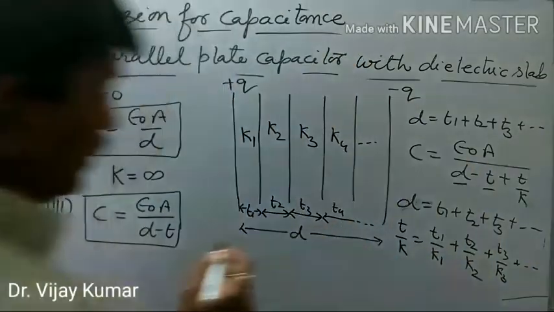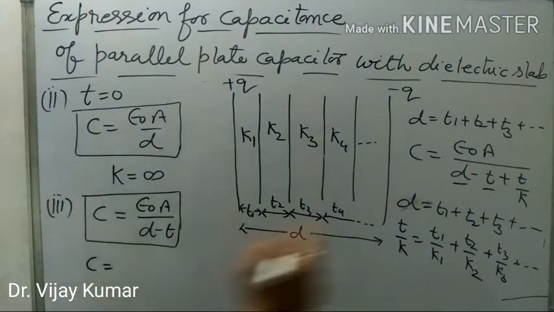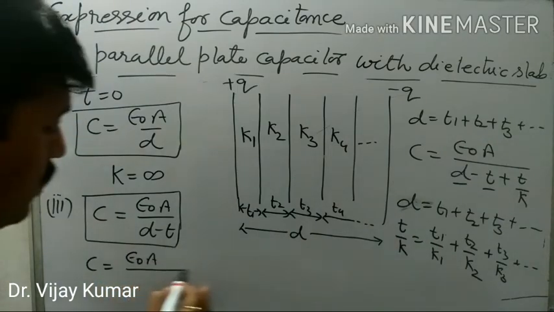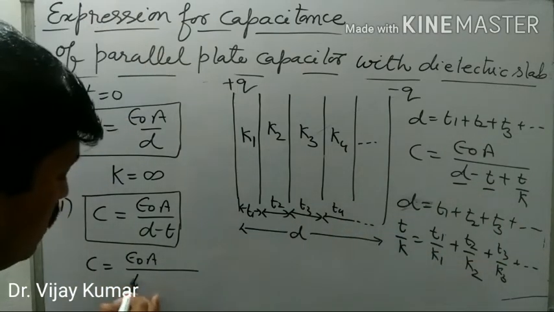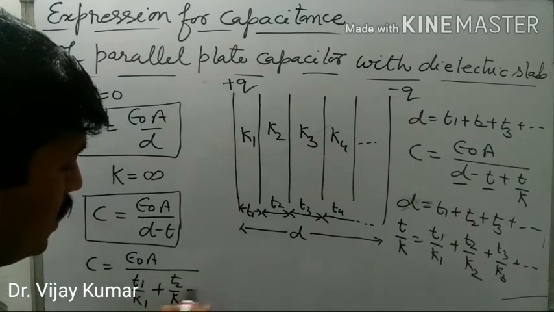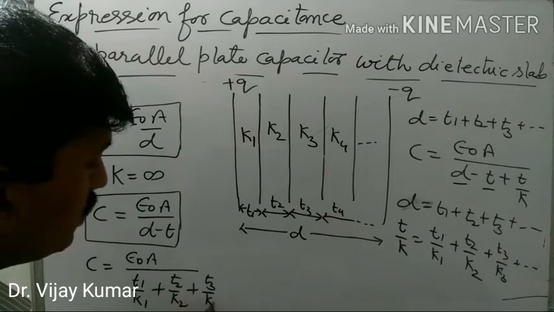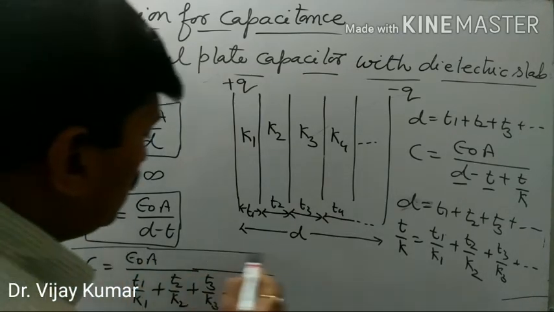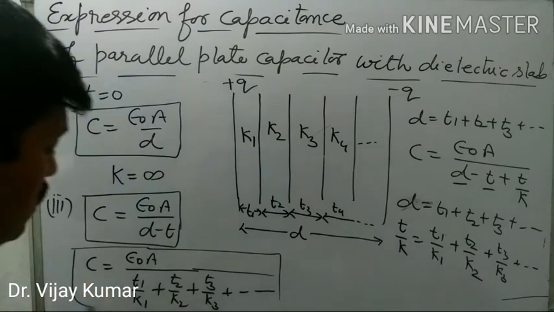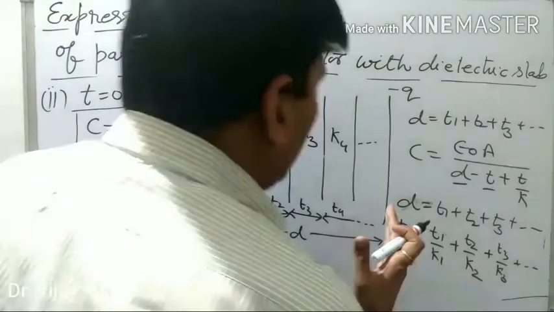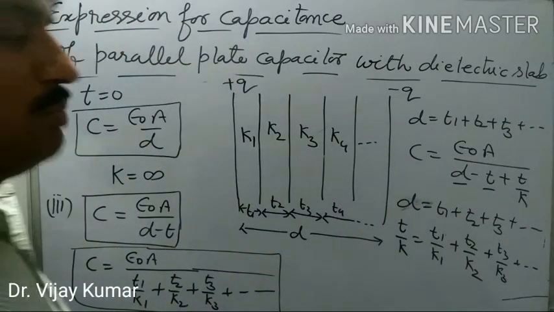Now the capacitance becomes epsilon naught A upon (T1 upon K1 plus T2 upon K2 plus T3 upon K3, and so on). This is the capacitance of the capacitor if multiple dielectrics are filled in between these two plates.